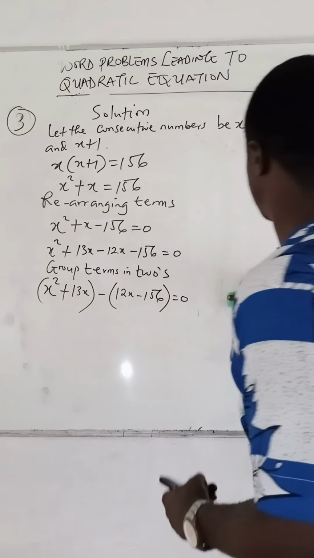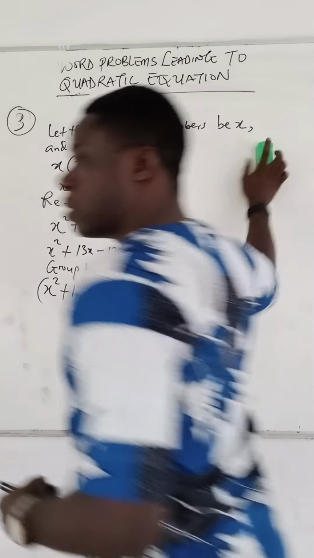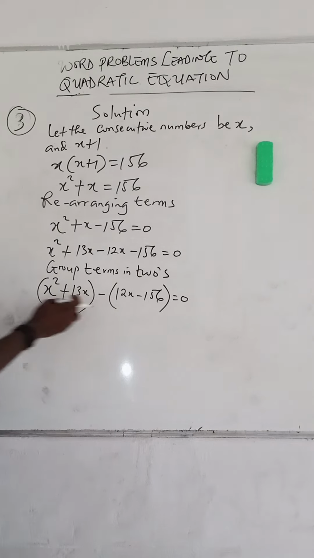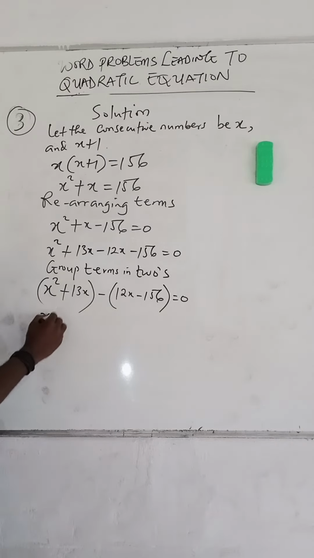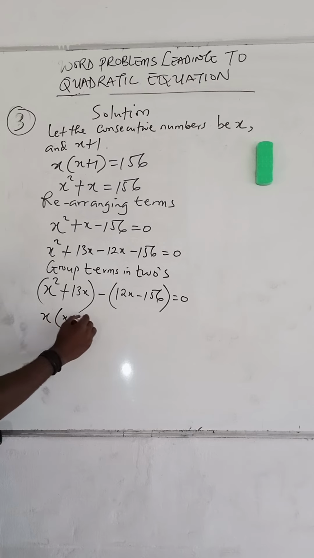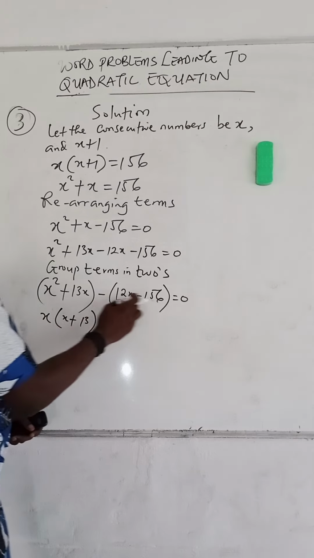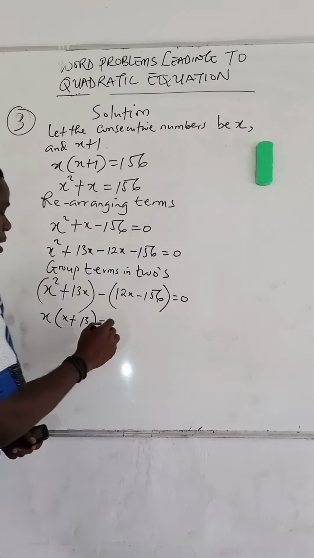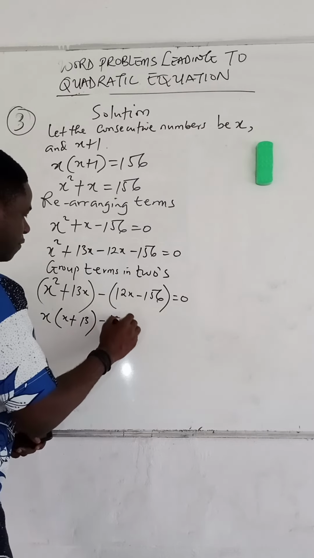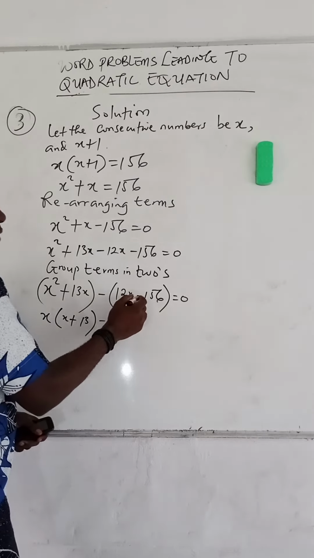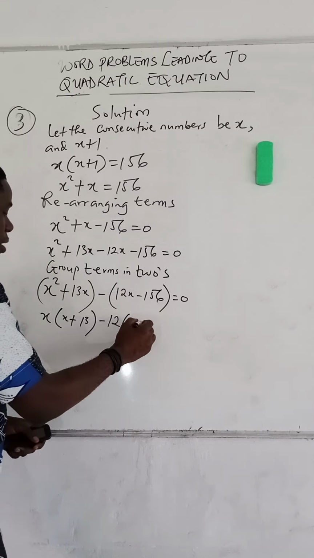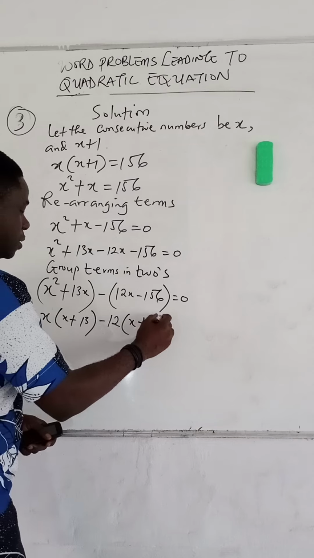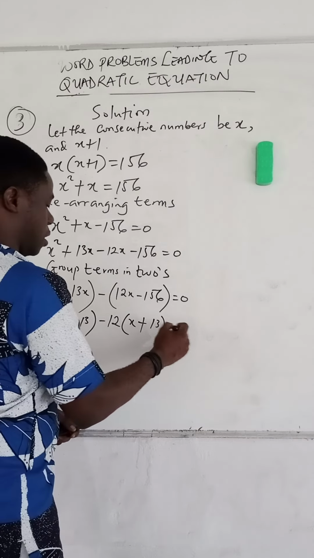So we try to factorize the terms within the bracket, and we'll have x into x plus 13, minus, factorizing this, 12 into x plus 13 equals 0. The sign of the second bracket must always conform with the sign of the first bracket.